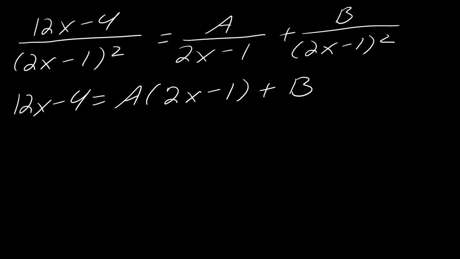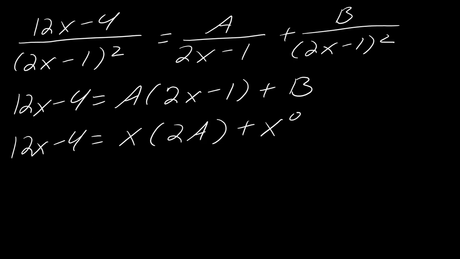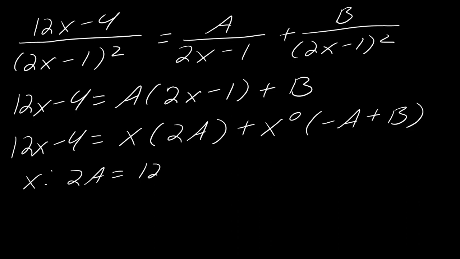If I want to rearrange everything, as I've done a few times now, if I put the x's together, this leaves me with 2A, and then the constant terms are going to be negative A plus B. So for my system, I'll have 2A equals 12. I set this equal to the coefficient for the x right here.